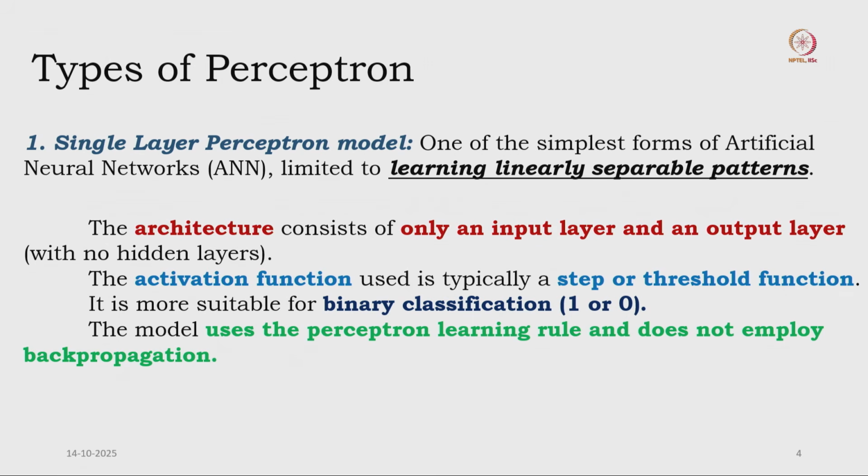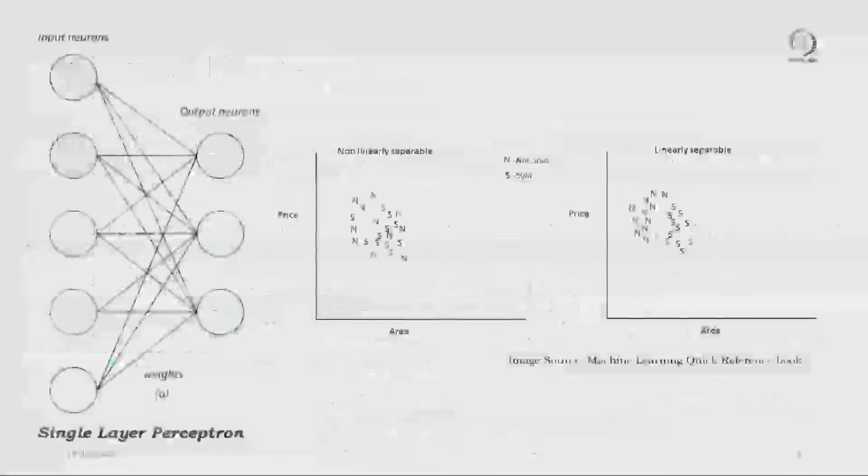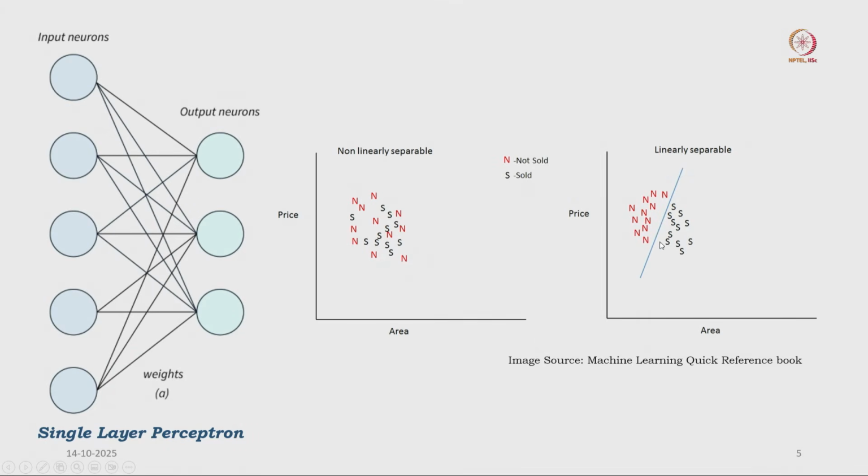Now what exactly are linearly separable problems? When you look at this diagram, here we have a data set. When you plot the points of the two different classes, we can clearly separate them with a straight line. So this is called linearly separable data.